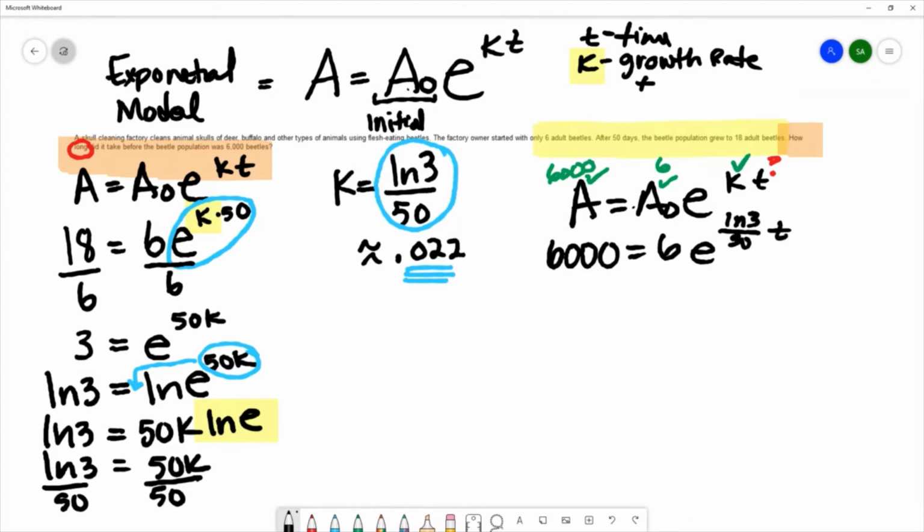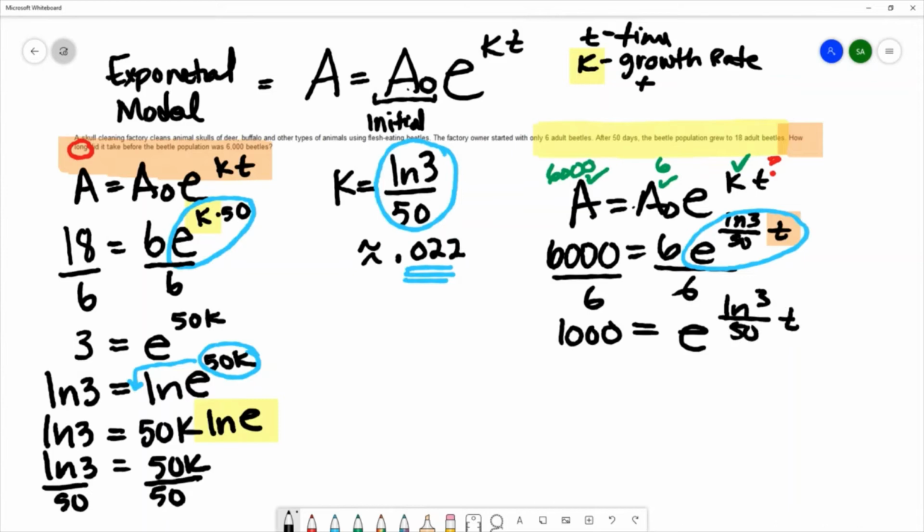This is once again an exponential equation. We're trying to solve for a variable that's in the exponent. We're going to solve by isolating the exponential. We're going to divide both sides by 6. That's 1,000 equals e to the natural log of 3 over 50 t. Once again, I'm going to take the natural log of both sides to solve the equation.